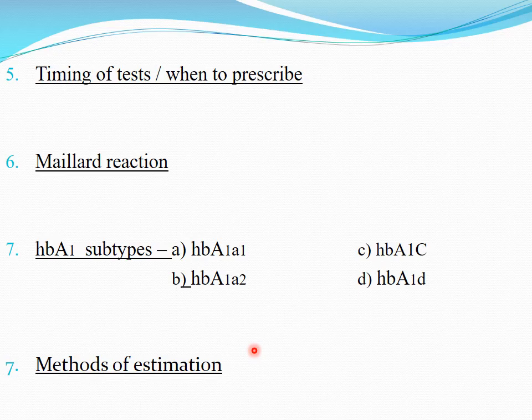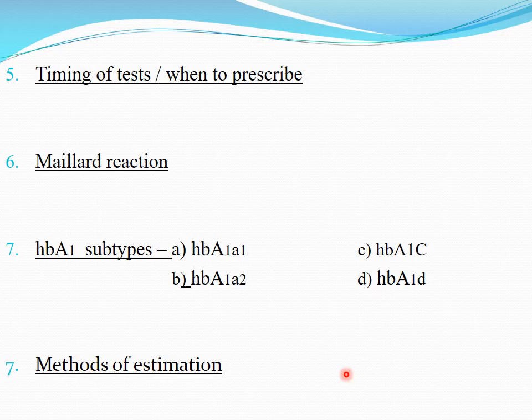Similarly, in sickle cell anemia, the lifespan of RBC is reduced, so the HbA1c values are also very reduced, though the patient may have normal or even high values. So these are the disadvantages you may have in the HPLC method, though it is preferred in most of the laboratories.